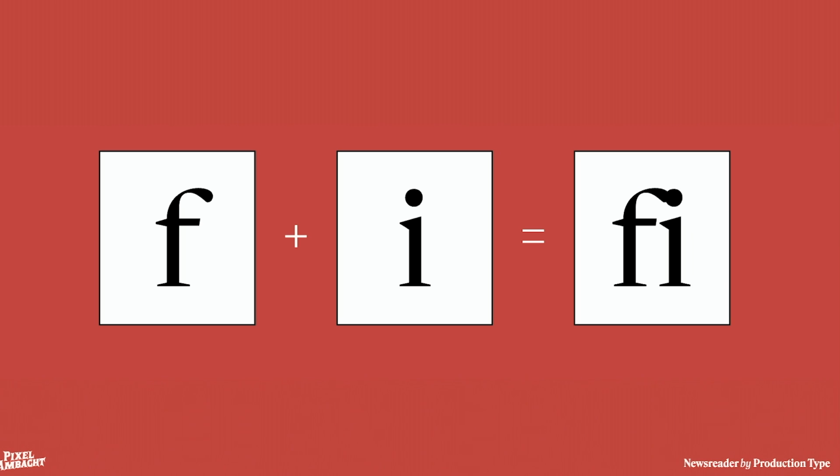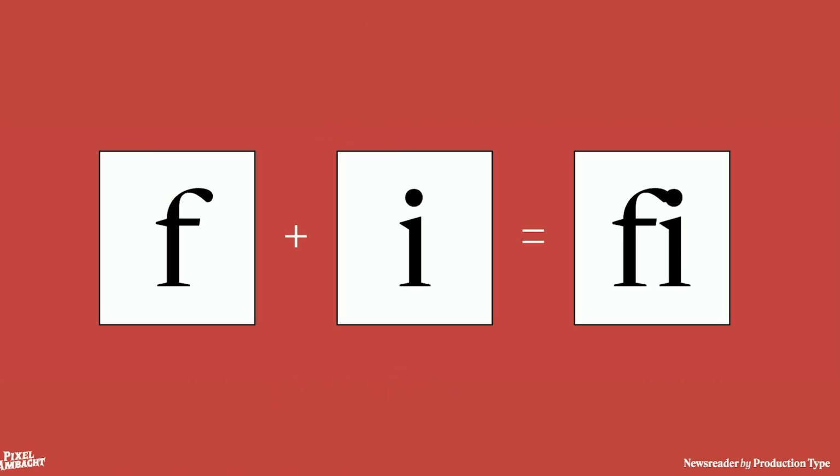Here's another one that you probably know. If you put some letters next to each other very closely, they kind of collide. Like here, the swoopy of the F. Swoopy is a professional term that us typographers use. The swoopy of the F collides with the dot of the I, and it kind of looks like a mistake.